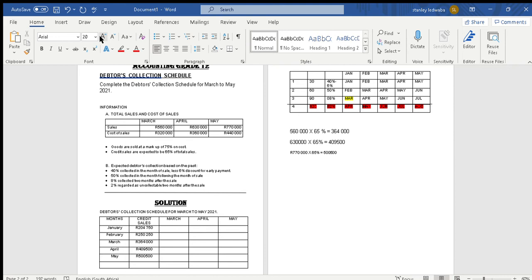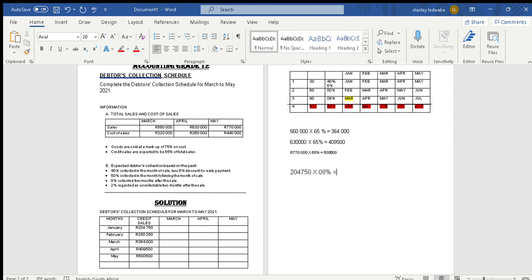Credit sales for January is 204,750. I'm talking about this amount, right? Then we are going to multiply it by how much we are collecting, 8%.